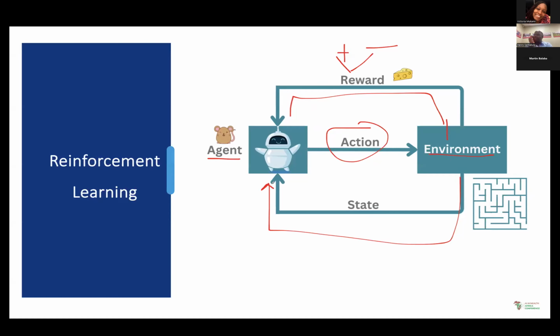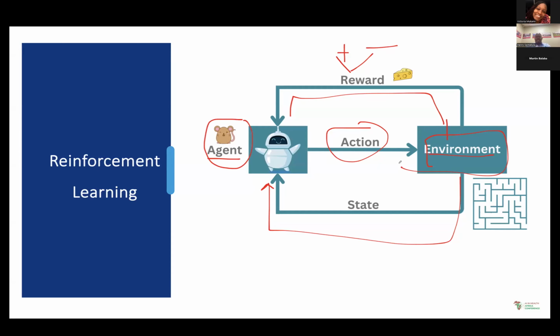I'm going to use a very simple example to understand reinforcement learning. I hope everyone has ever seen a baby learning how to walk. In that example, the baby is the agent, okay? The baby will act as the agent, and the environment is where the baby is. So the baby will stand up and make a few steps to try to walk.